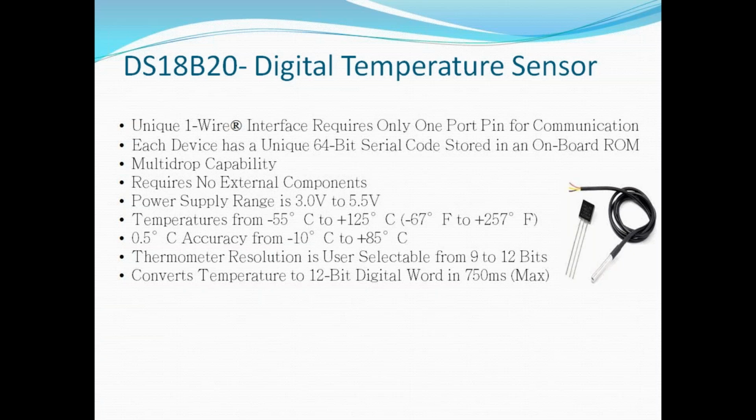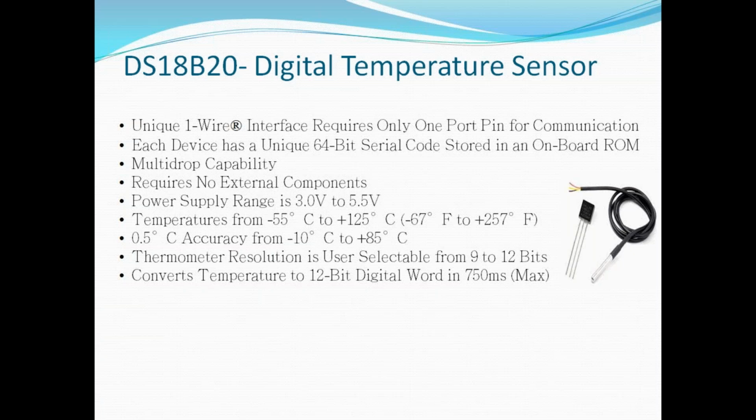Here, we are using DS18B20 because it can measure from minus 55 degrees centigrade to plus 125 degrees centigrade, which is enough to represent the temperature of a human body, because it goes up to 257 degrees Fahrenheit. The human body maximum in general goes to 108 degrees Fahrenheit. So we can use DS1820 very easily.